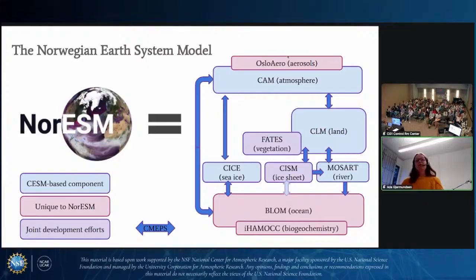And we have a different aerosol module with aerosol physics and chemistry, and how aerosols interact with radiation and clouds is different in NorESM compared to CESM. Also, we use CLM, the land model, with dynamic vegetation and FATES. The development of FATES and also the land ice system is done jointly with NCAR. So in large part, a lot of similarities, but we also have some differences.